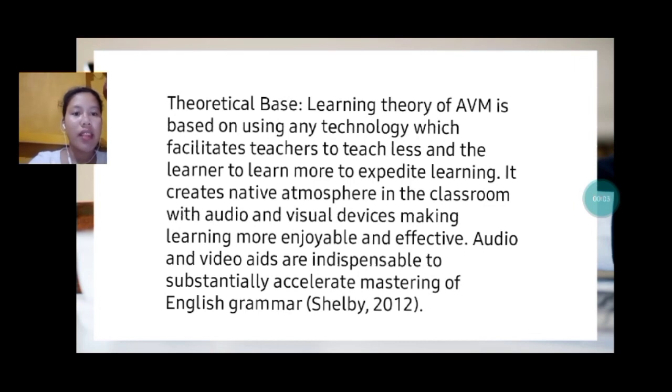It creates a native atmosphere in the classroom with audio and visual devices, making learning more enjoyable and effective. Audio and video aids are indispensable to substantially accelerate mastering of English grammar, by Shelby 2012.